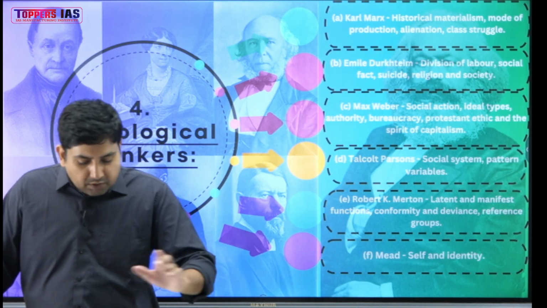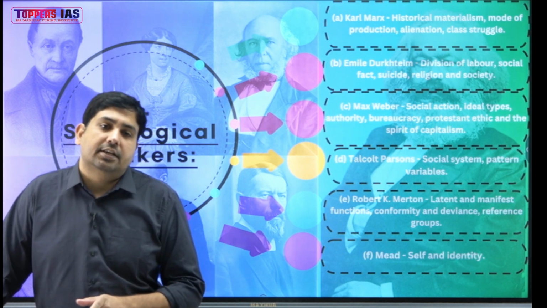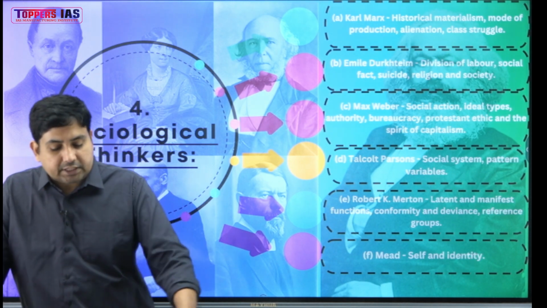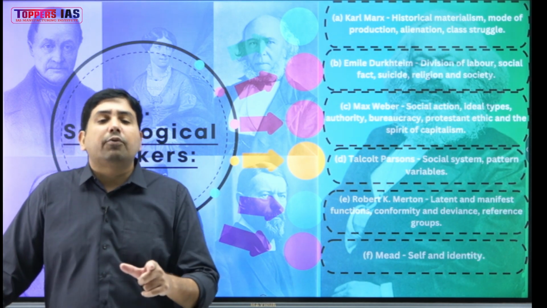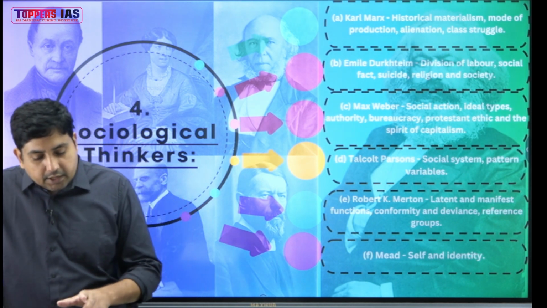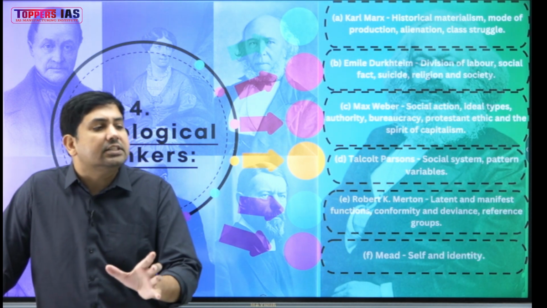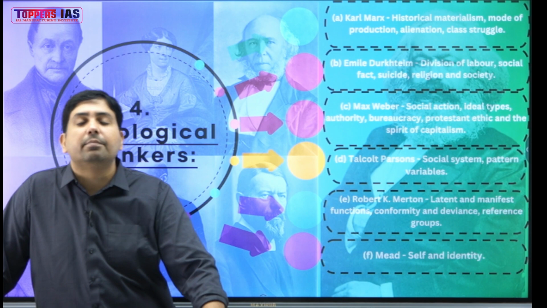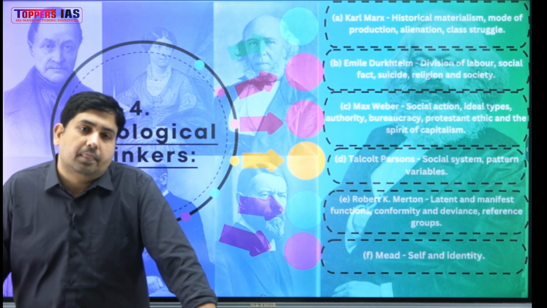Now if you look into the syllabus, under Karl Marx they have mentioned what? Four things: historical materialism, mode of production, alienation and class struggle. I will try to elaborate a little bit here on Karl Marx. What is this historical materialism?